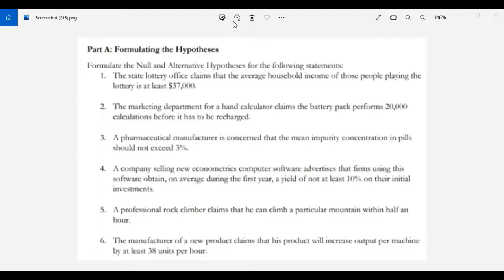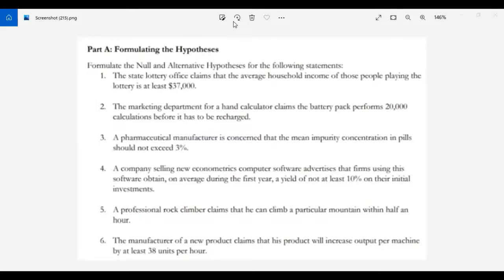I'll go for less than an hour. Because the question was a professional rock climber claims that he can climb, that means he's now going to climb a particular mountain.